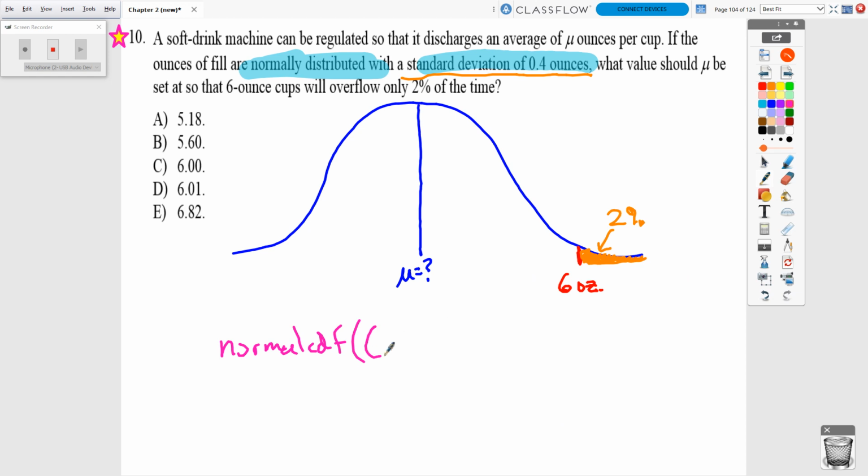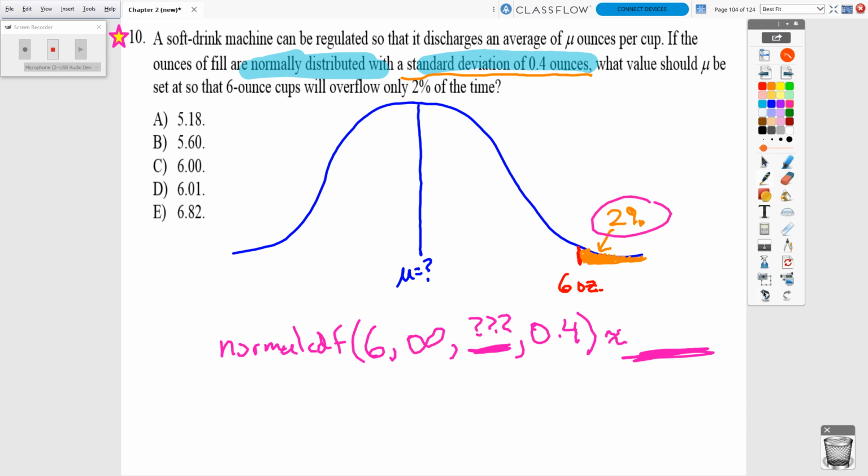Let's see, normal CDF, lower bound 6 ounces up to, a jumbo size cup, with a mean of, oh shoot, but we don't know what the mean is. But we do know that the standard deviation is 0.4. And what answer would we be looking for to go from 6 up to infinity? We would be looking for 2%.